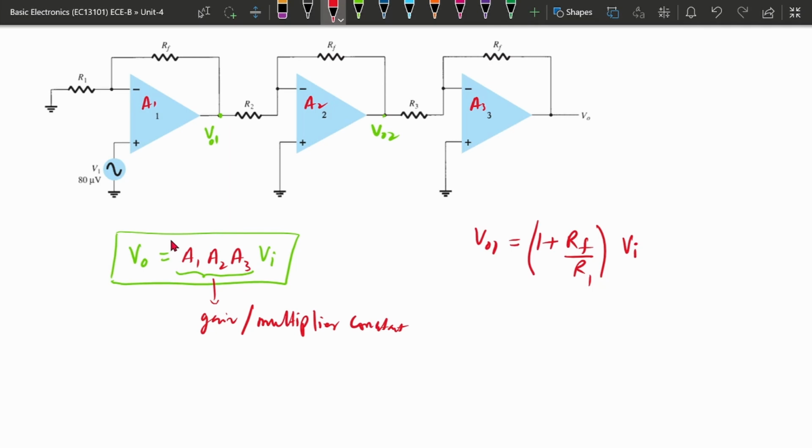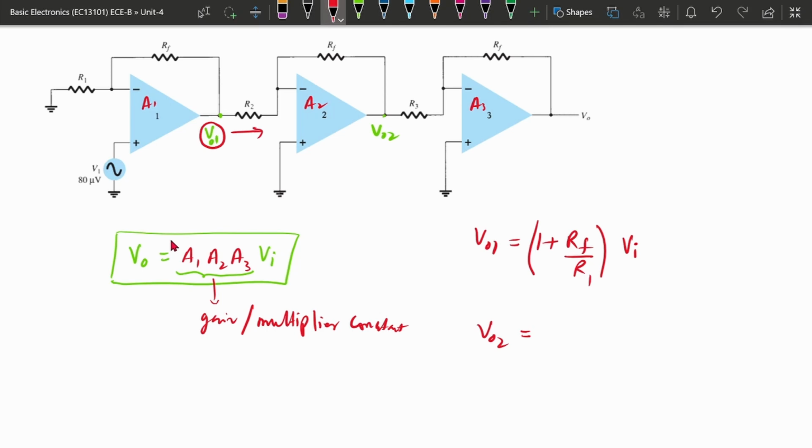In the second case, if we want to find V02, again we have feedback to the inverting side, and here V01 now acts as the input, connected to the inverting terminal.